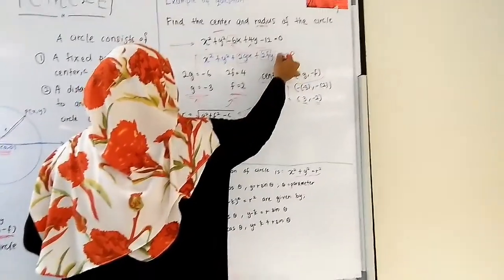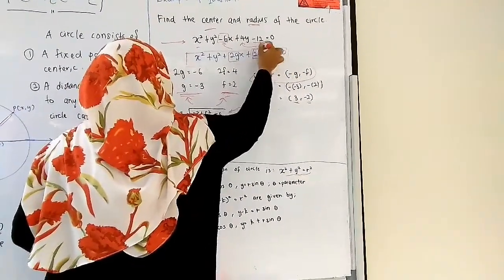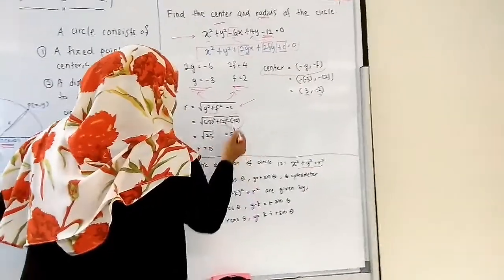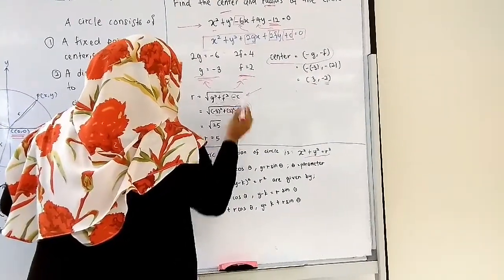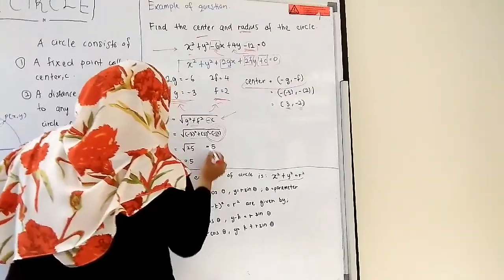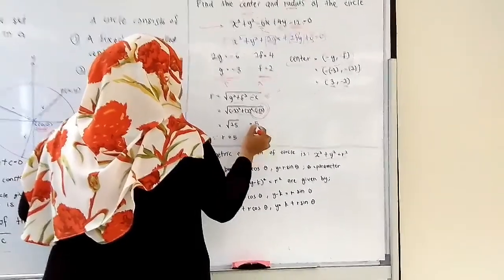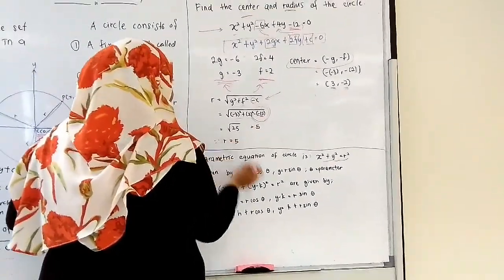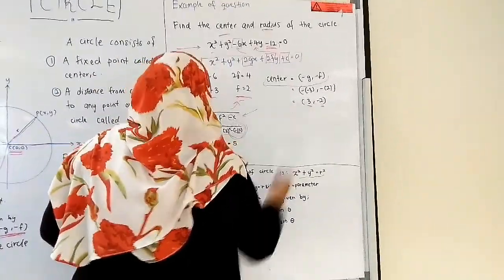The c is from this, plus c is equal to negative 12. So the formula is negative c, so it will become positive 12. So square root of 25 equals 5. So the radius is 5 and the center is (3, negative 2).